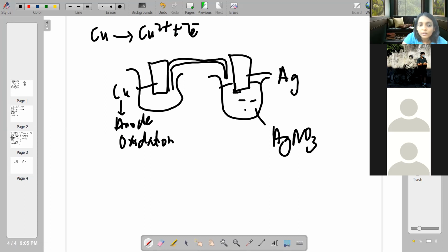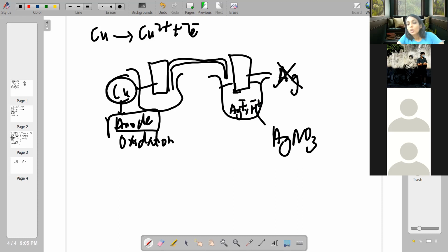In the anode, teacher always looks at the electrons. In my cathode, I don't care about electrons at all. I will see what my cations are here. Teacher has Ag+ and H+. Which ion is teacher going to selectively discharge?